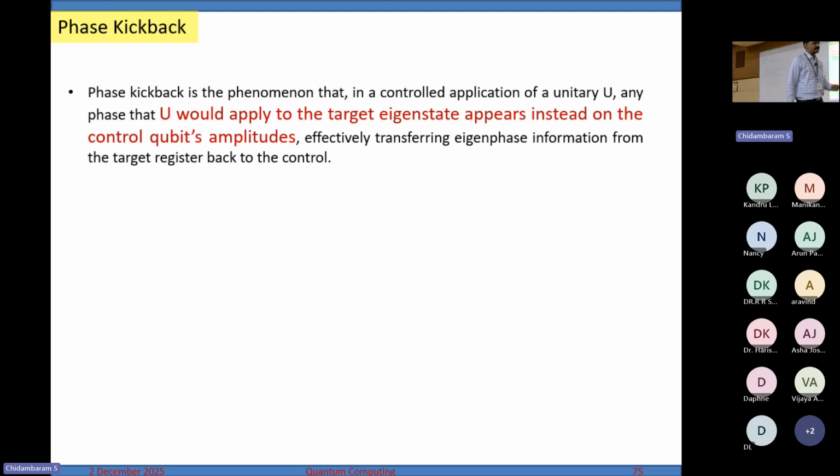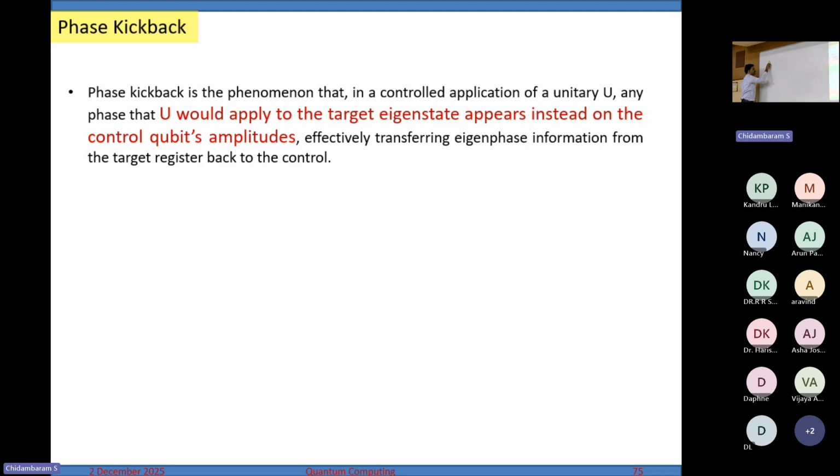But how does this happen? Let me show you how this happens, because this phenomenon will not be there in the classical.